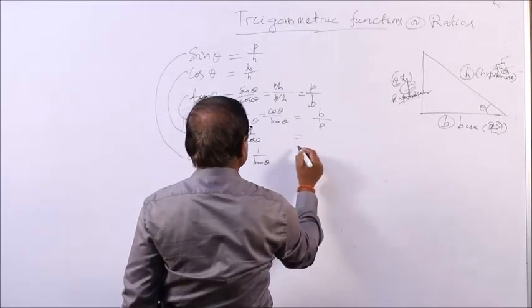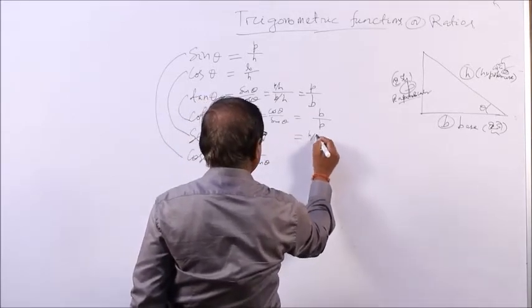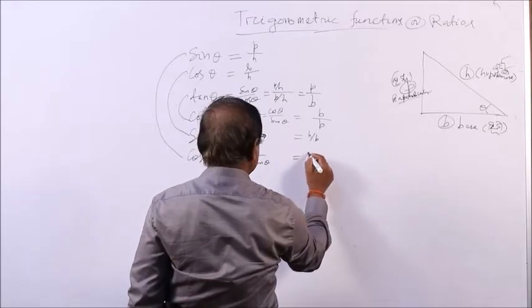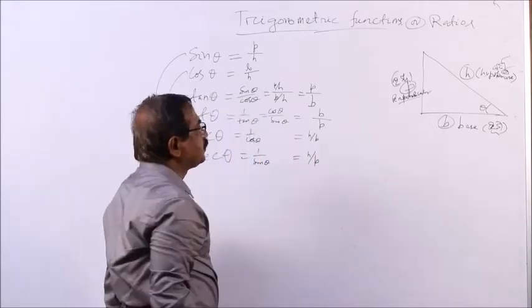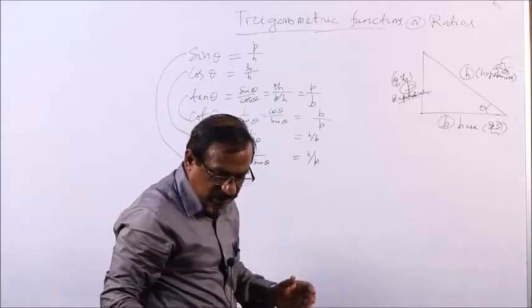So ultimately you get H by B and H by P. This is the ratio relation.